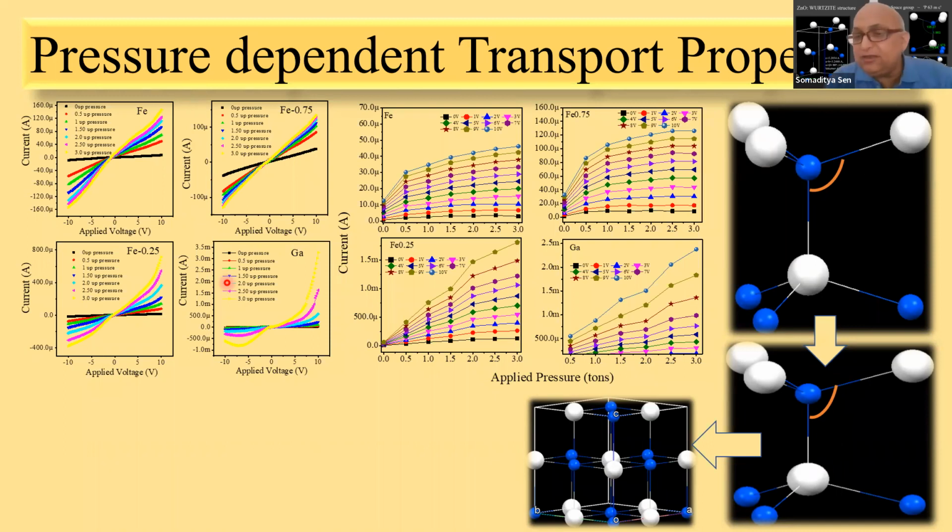When pressure is applied, obviously there will be some change in the angles, and there may be some change in the bond length also. Okay, even if we do not get the rock salt structure, even within the Wurtzite structure, certain subtle changes will be expected in these results, right?